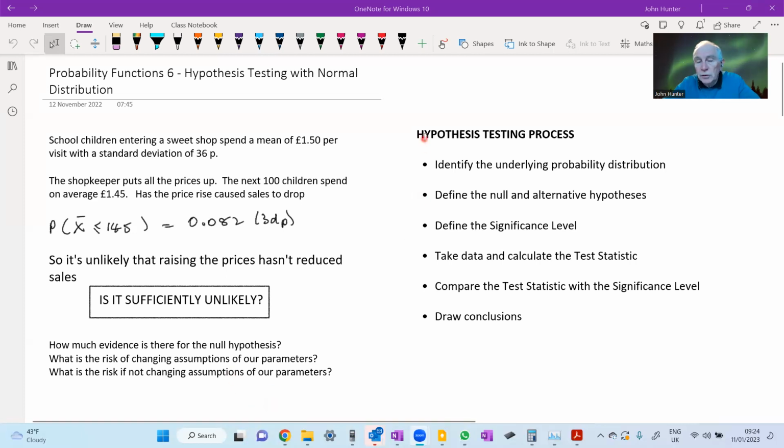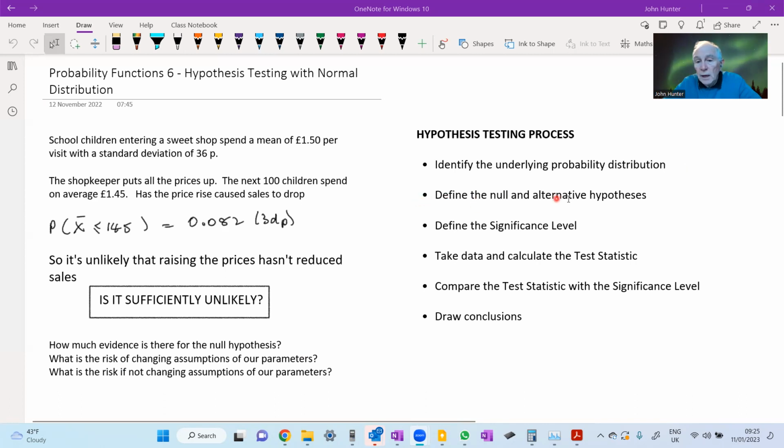So we have what we might call the hypothesis testing process. Just to go through the main steps: first of all, we need to identify the underlying probability distribution. In this section we're talking about the normal distribution, but we may be using other ones, and we will be doing the binomial distribution as well. There are all sorts of distributions that we may be using.